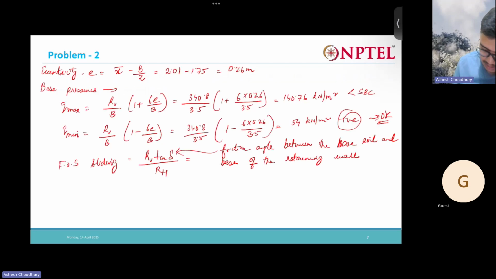Generally it's taken as 2/3 of phi. Okay, so we can write this as 340.8 times tan delta.